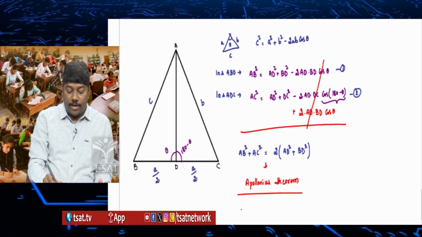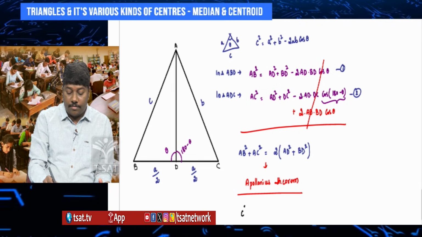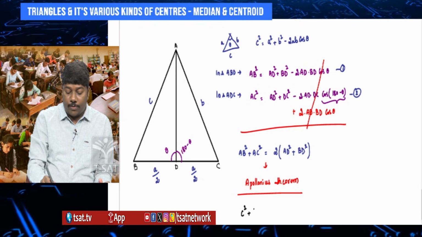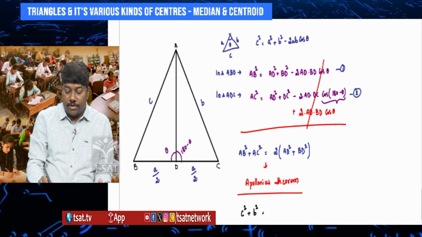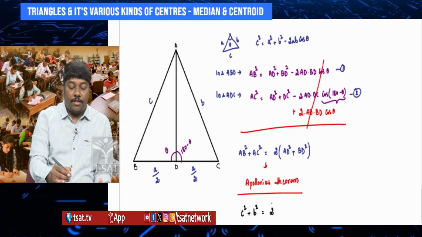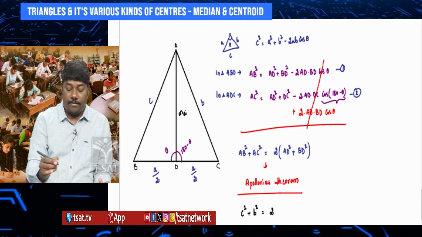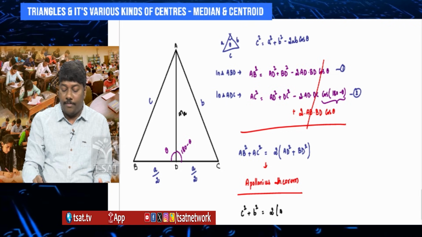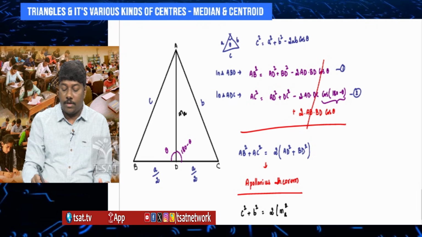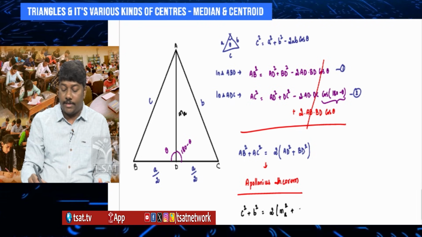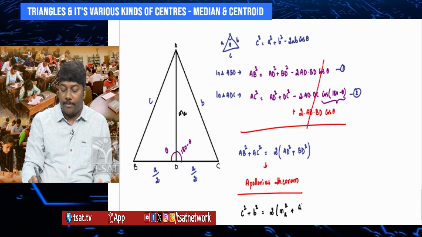This AB square is nothing but c square, AC square is b square, which is equal to 2 times of the median which bisects the side a, we take it as ma, 2 times of ma square plus half of the third side square, which is a square by 4.